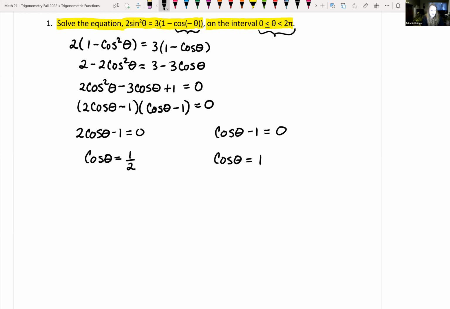Cosine theta is 1/2 when theta is pi thirds, so theta is equal to pi thirds. In the fourth quadrant, my reference angle is pi thirds, so I look at 2 pi minus pi thirds, which is 5 pi thirds.